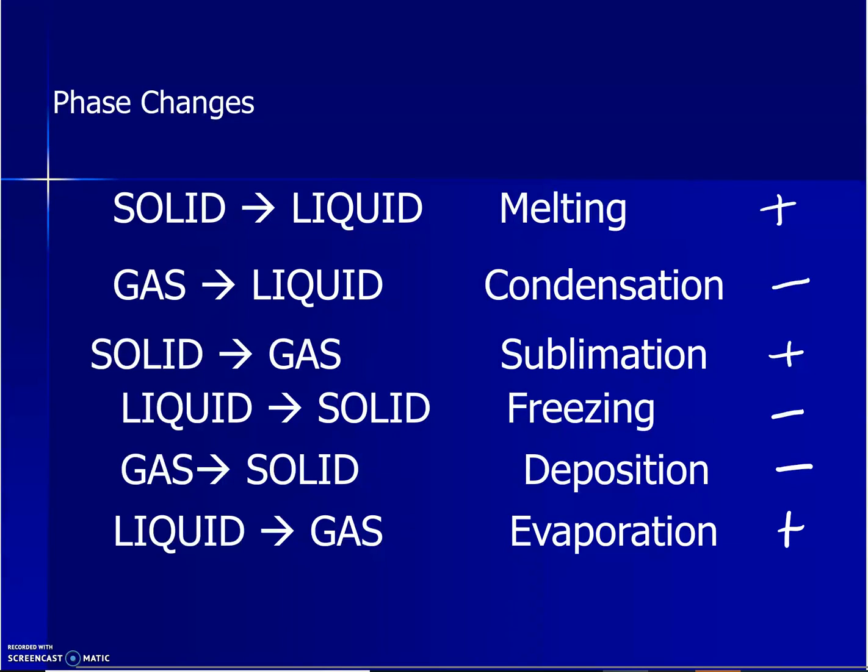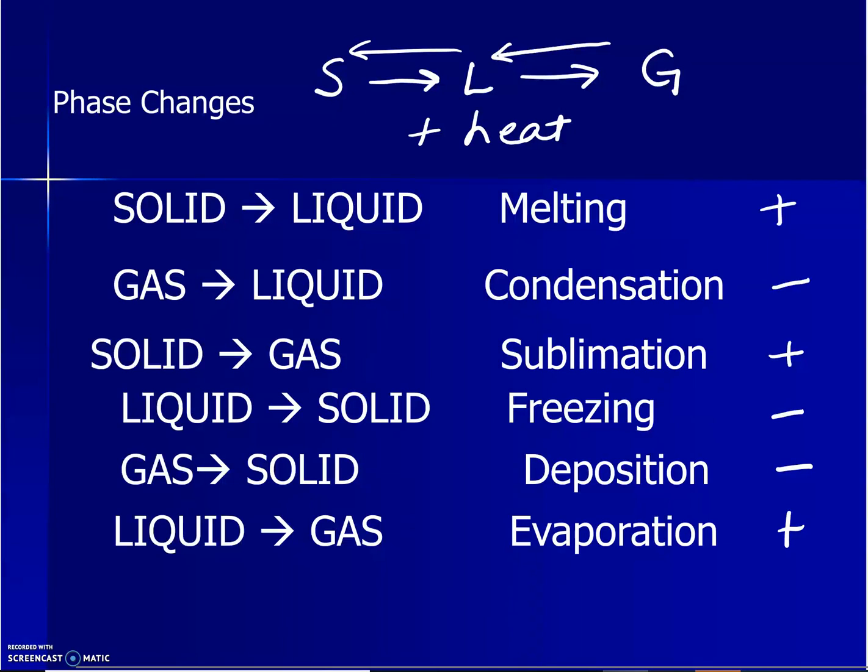So if we put that in terms of solid to a liquid to a gas, we are adding thermal energy or adding heat. To go from gas to a liquid to a solid, heat is given off. So we're going to be talking a lot about heat in these lectures.